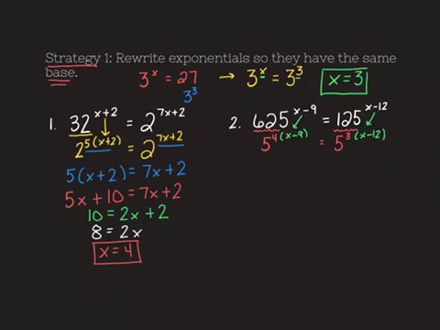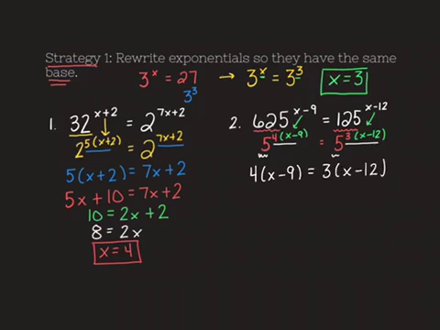So now, again, I have the bases the same, which means these exponents would have to be equal to each other. So 4 times x minus 9 has to be equal to 3 times x minus 12.